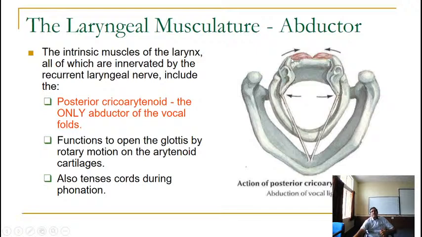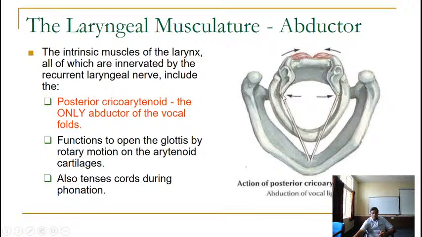The posterior cricoarytenoid muscle is attached to the muscular process, and when it contracts, there is a rotation that happens in the arytenoid, which has a vocal process.